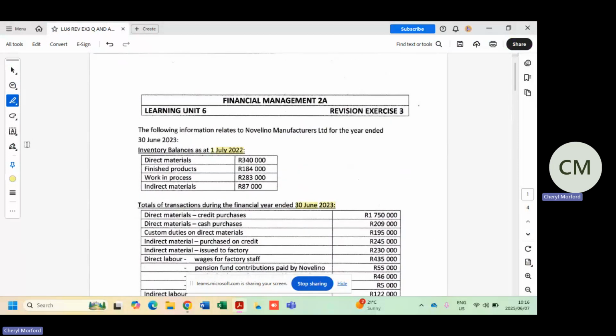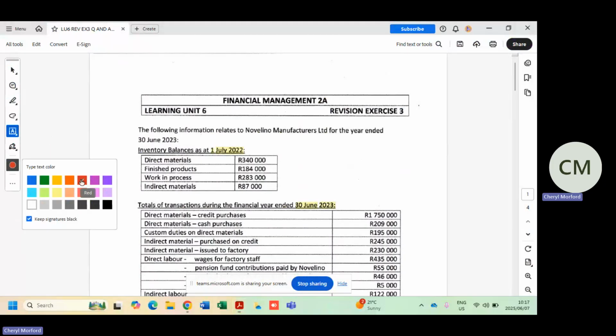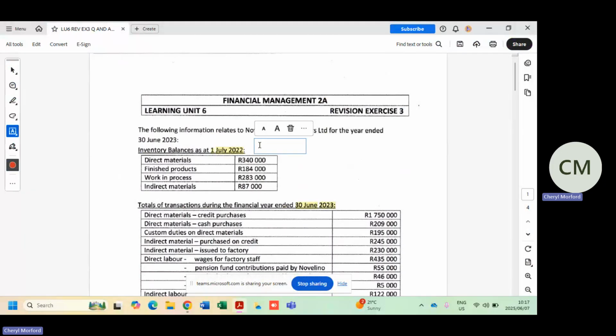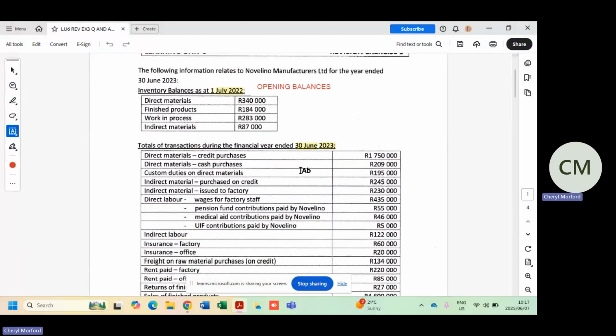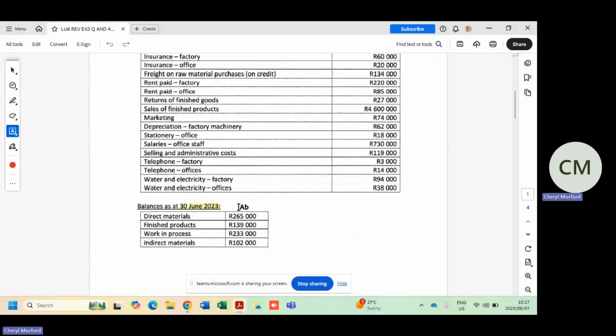So now let me just explain to you about the balances over here. These ones at the older date are obviously going to be your opening balances. Then the transactions take place during the course of the next year, and then we wrap up that year with these amounts.